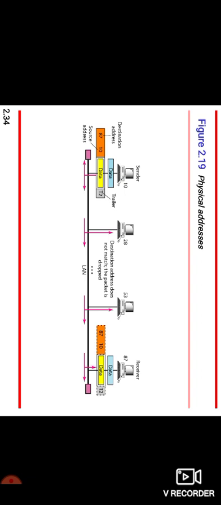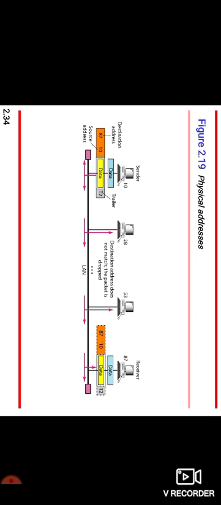The destination address, 87, is also included in the frame. The nodes are connected to the LAN using a bus topology. The different nodes connected have physical addresses 10, 28, 53 and 87. Node 10 wants to send some data to node 87, so these two addresses are included in the frame, and the frame is sent through the bus.